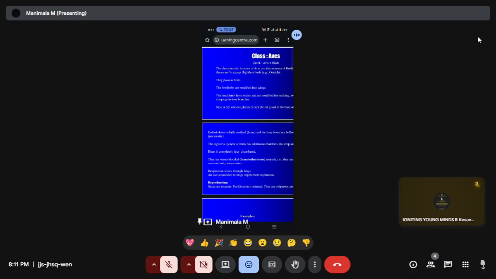If birds need to fly, they need a high surface to weight ratio. Therefore birds in general are smaller than mammals.